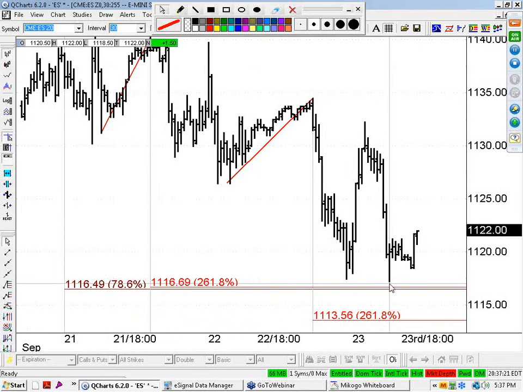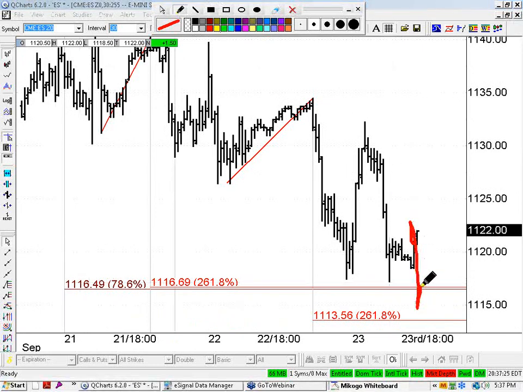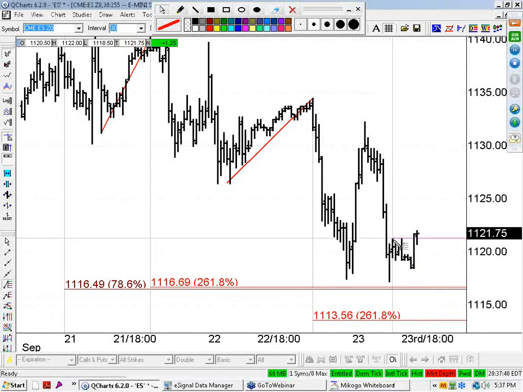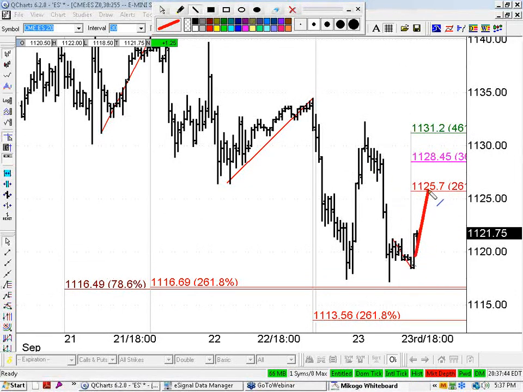It may bottom out before the open. Or it may go up here for a little short. All of those things are available at the open. In fact, this is probably going to play itself out. It might go up to here and then drop, or here and then drop.